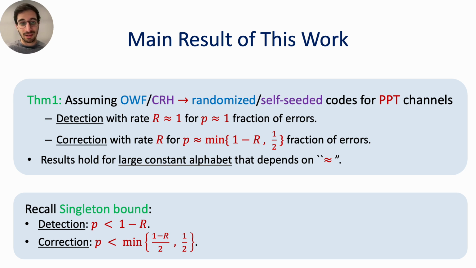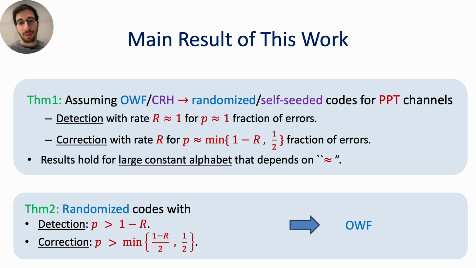Now, the second result in our paper is that suppose you have a code or a randomized code that is better than what's possible for the Singleton bound, as is the case, of course, for our result, but even a bit less than what you get for our result. Our result is quite good, but anything that is actually better than the Singleton bound would imply one-way functions.